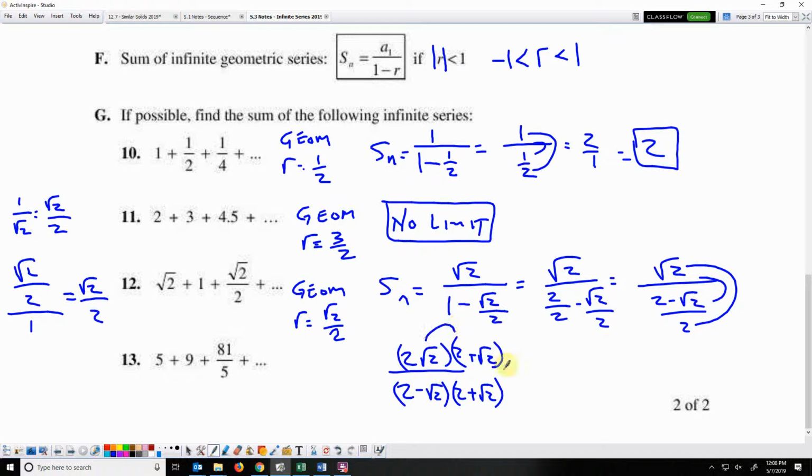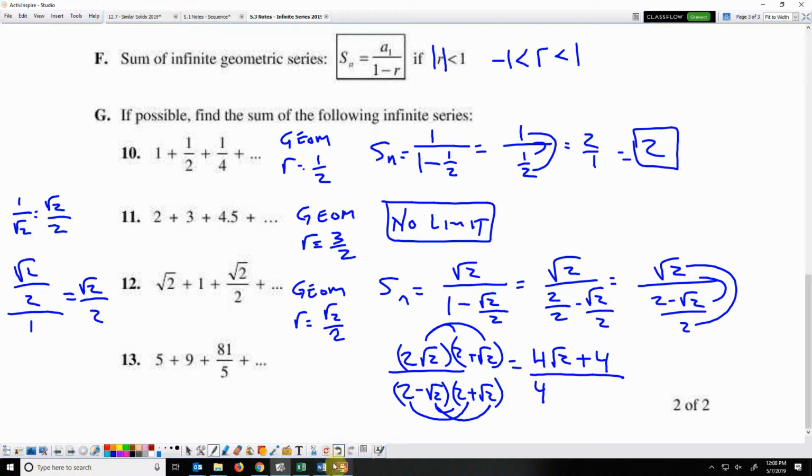Okay, so I've got 4 root 2 plus 2 root 2 times root 2, which is 2 times 2, which is 4. Then in the denominator, 4, and I've got minus 2 root 2 and plus 2 root 2.